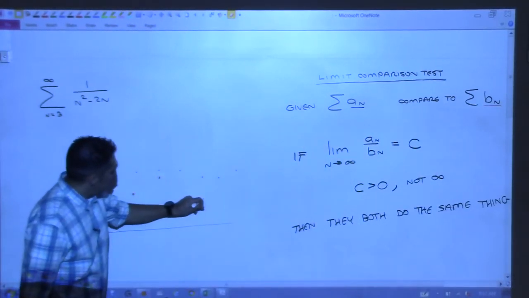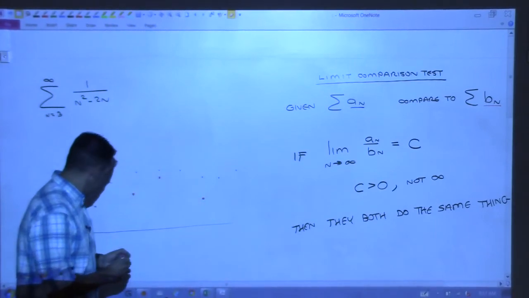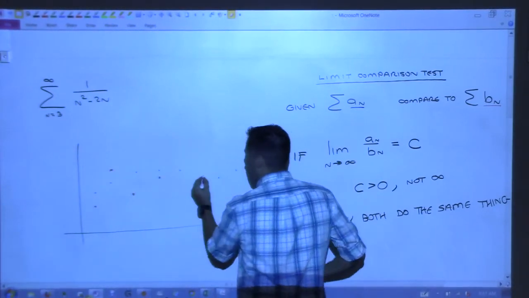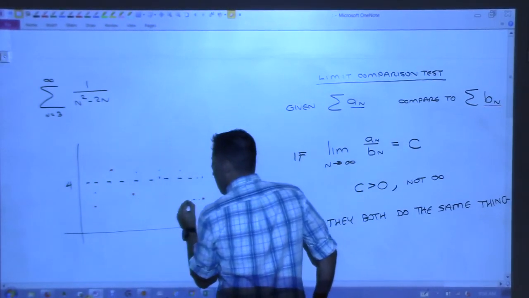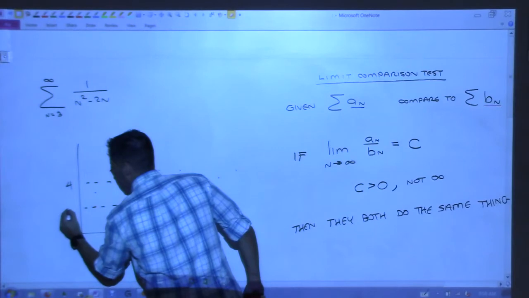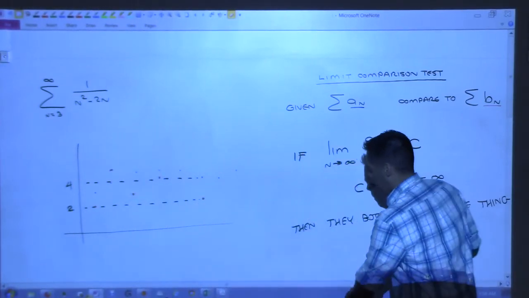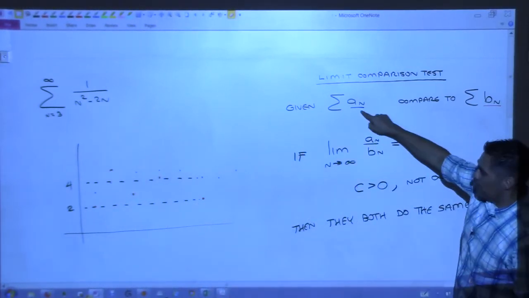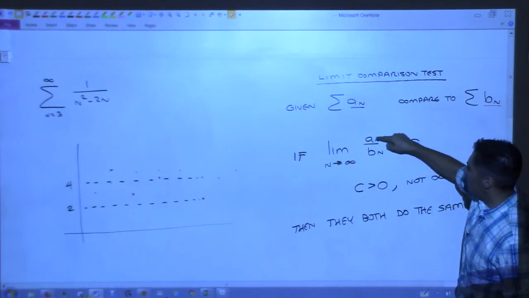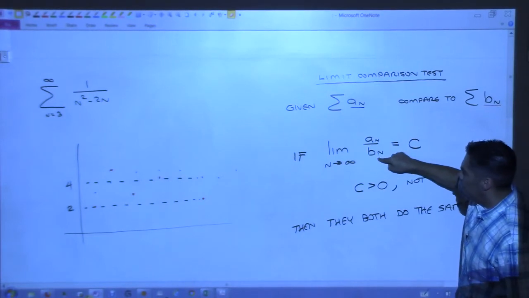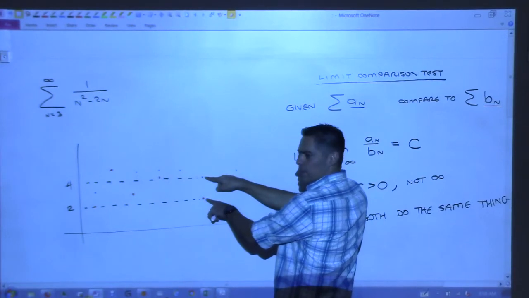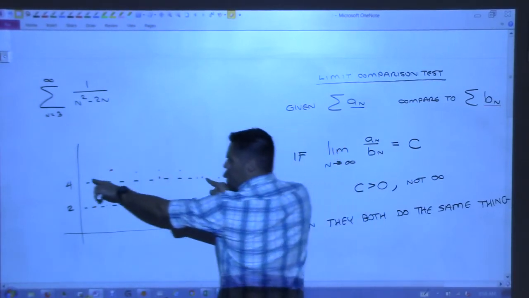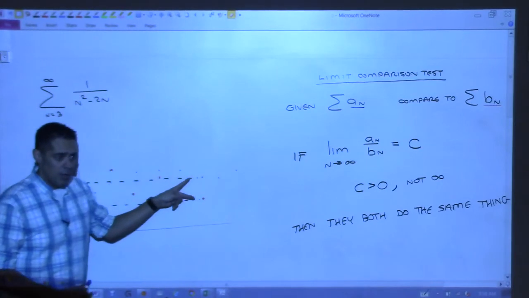What if this red one is here? Let's say the value of this right here is 4, and the value of this one is 2. The a sub n is the blue one, so if I take the blue and divide by the red, that would be 4 over 2, so the ratio would be 2, wouldn't it?